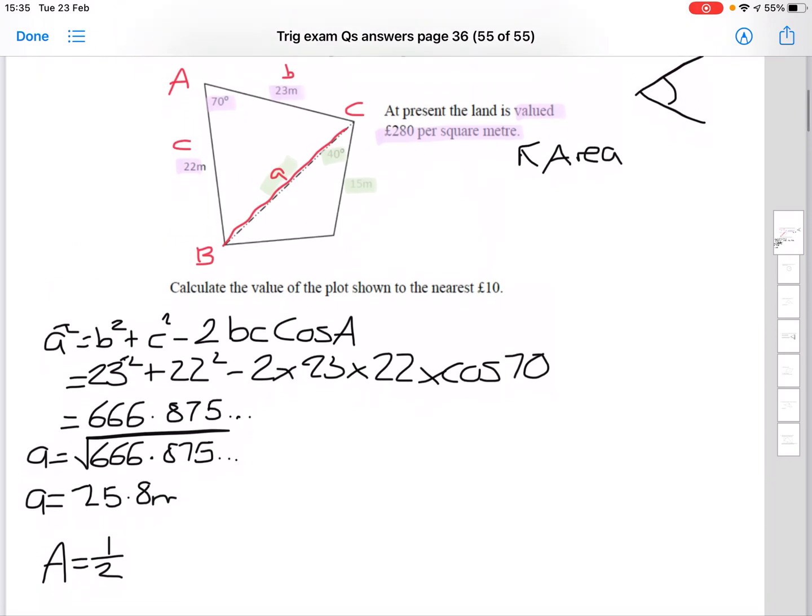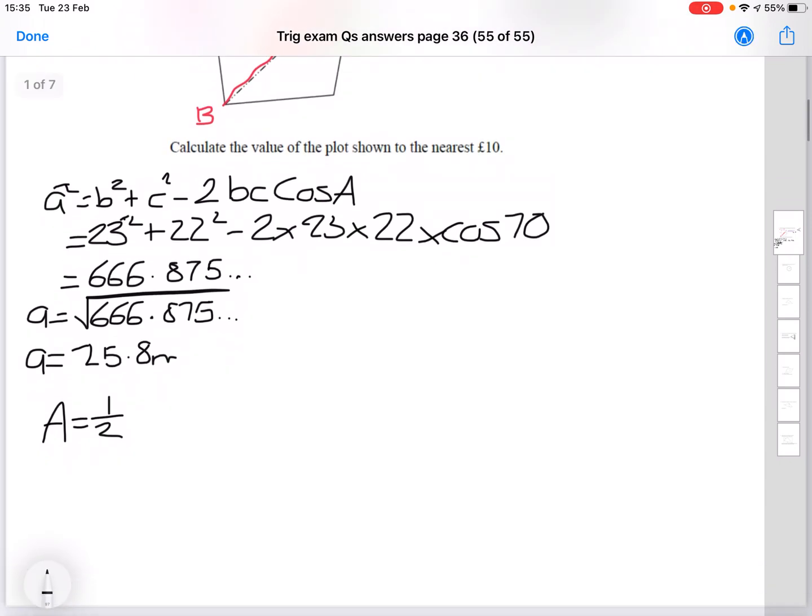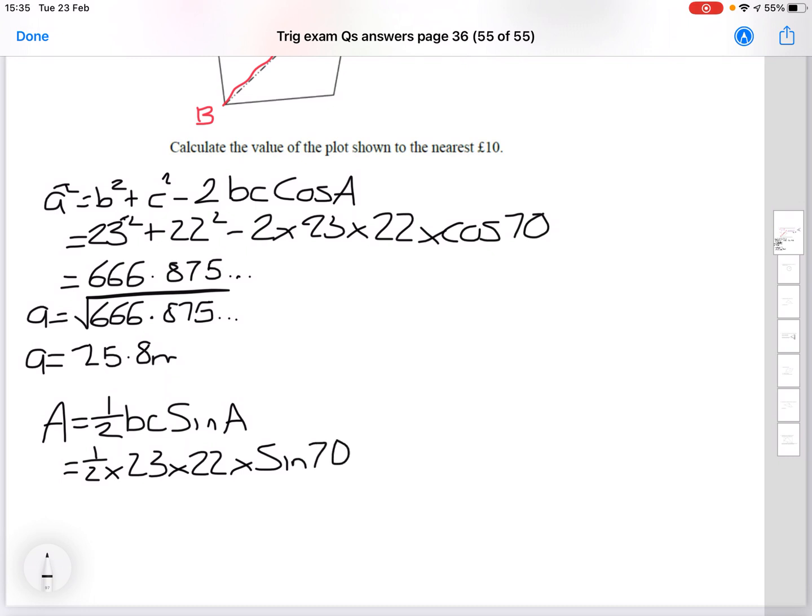If I was going to write the letters out in the correct order for my formula, it would be half bc sine A. So it's going to be half times 23 times 22 times sine 70. So the area of that top triangle is 237.7 metres squared. I'm going to go for one decimal place.